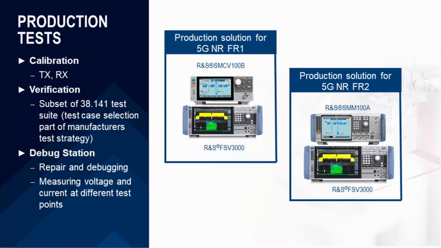So this is a two-box solution, and likewise we have the SMM100A together with the FSB 3000 series spectrum analyzer for the FR2, and this is a two-box solution. As I said, many of these tests on the production line depend on the manufacturer's test strategy.